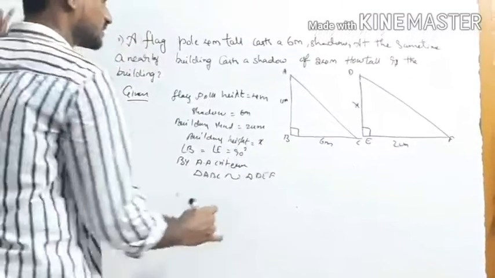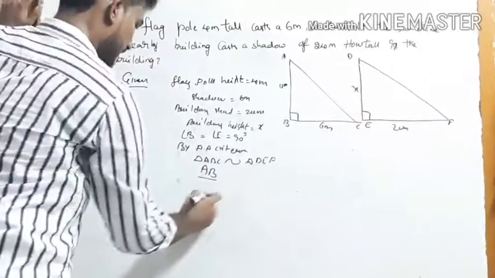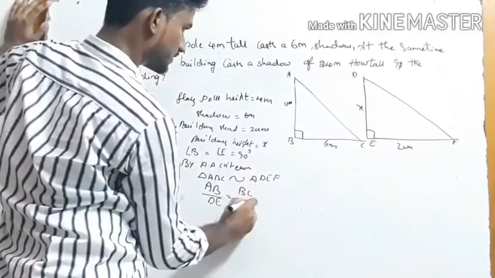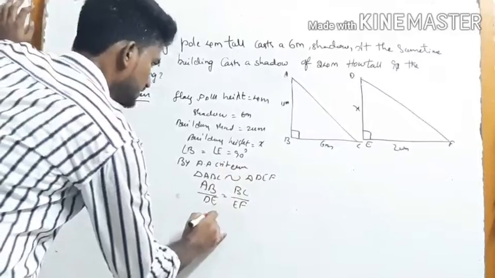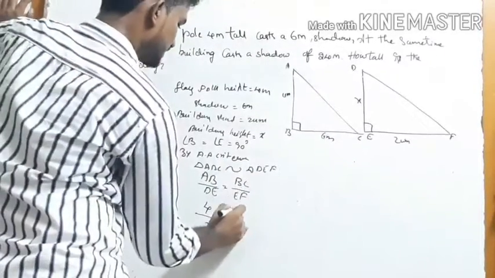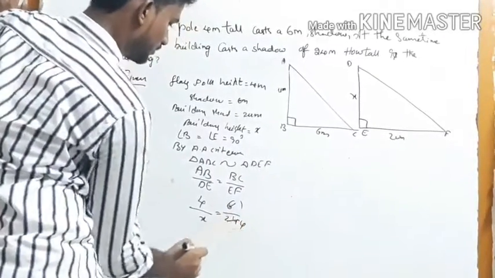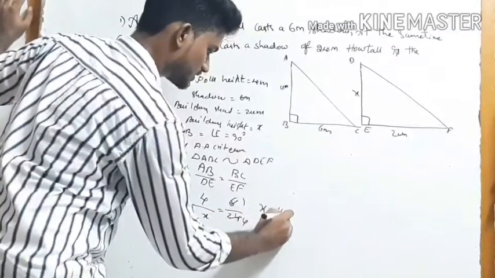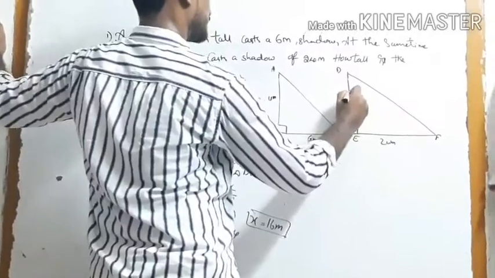So AB by DE equals BC by EF. AB is 4, DE is x, BC is 6 and EF is 24. Six fours are 24, so by cross multiplication x equals 4 into 4, which is 16 meters. The height of the building is 16 meters.